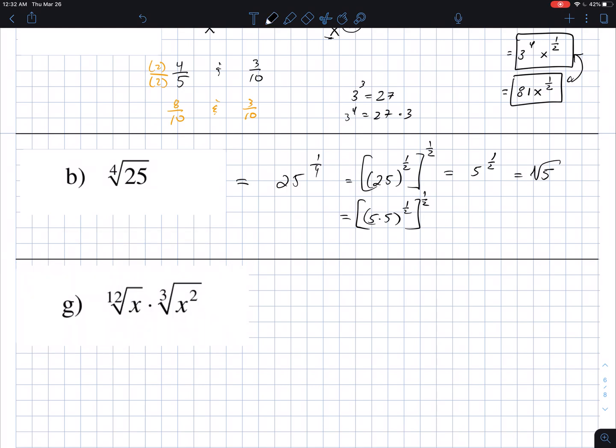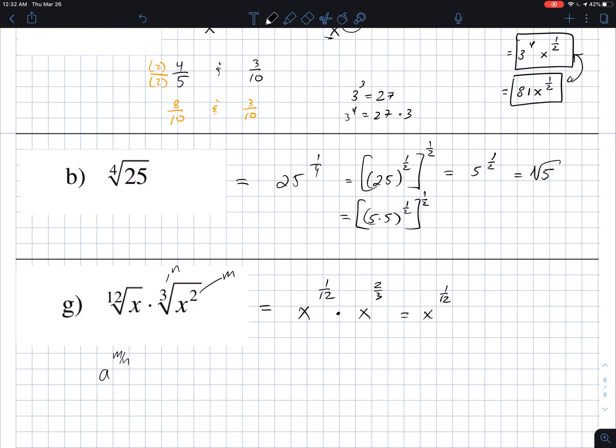Okay, this is why I said writing it out in exponentials is so much better. x to the 1/12, and this would be what? x to the 2/3, right? Remember, this is m and this is n, from the a to the m over n. Okay, just as a little sideline. So now we have this product. Well, that's easy.